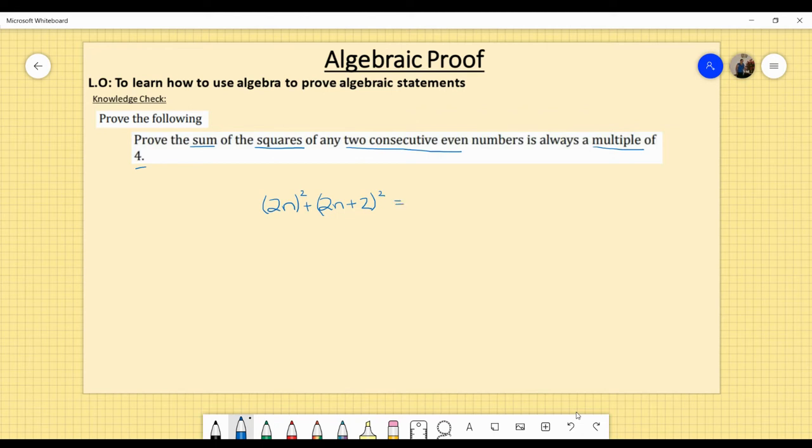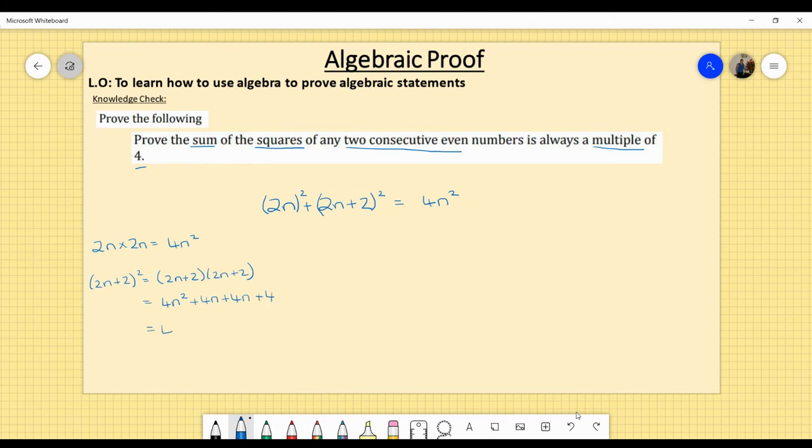So we need to work out each bit. If we do it over here, 2n times 2n will give me 4n squared. So I know that part, I can pop that in there. And then my 2n plus 2 squared means I need to write out that bracket twice and work out what the solution is. So I'm going to end up with 4n squared plus 4n plus 4n plus 4.